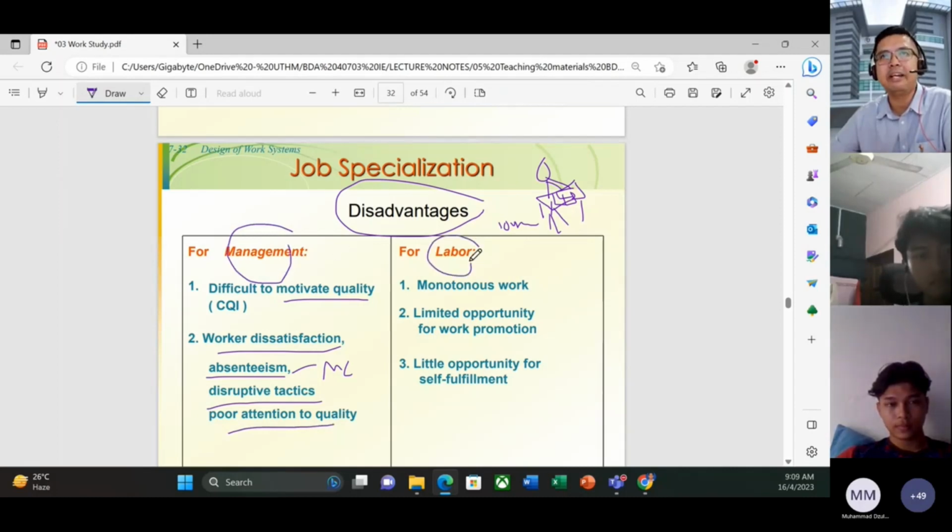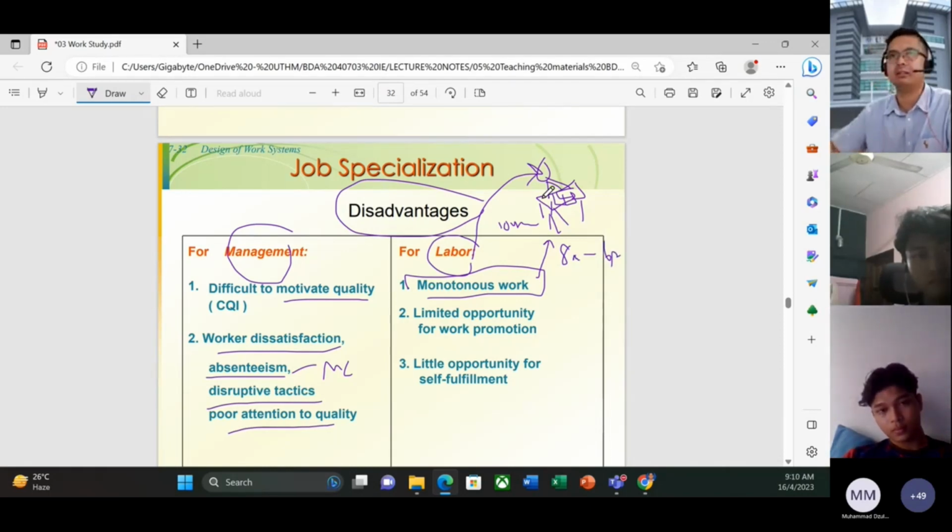Meanwhile, for the labor itself, monotonous work. Monotonous work is repetitive work. From 8 a.m. until 6 p.m., only doing the same work, the same task, in a standing position.